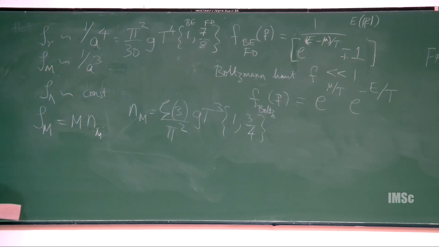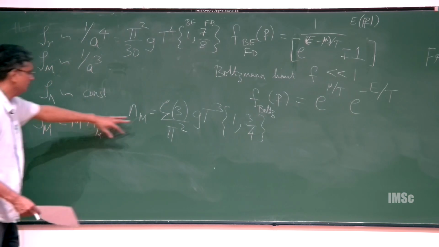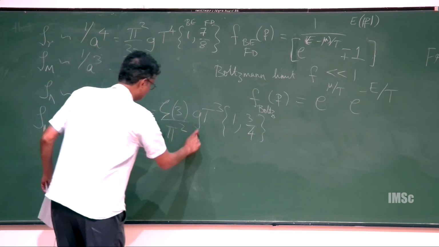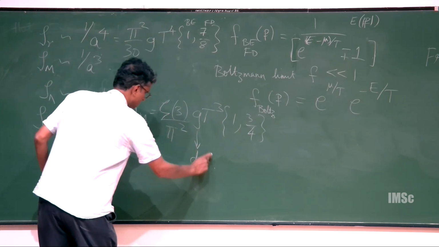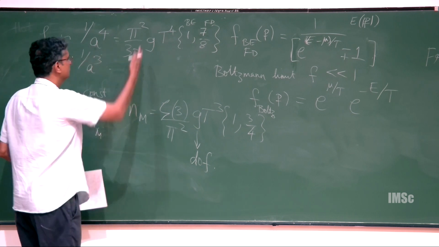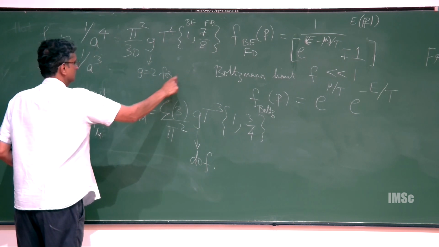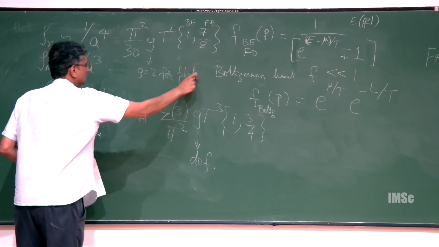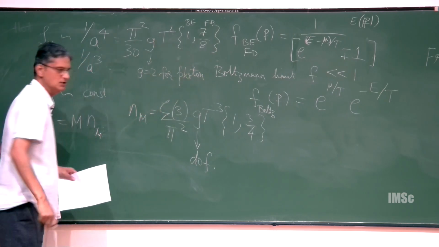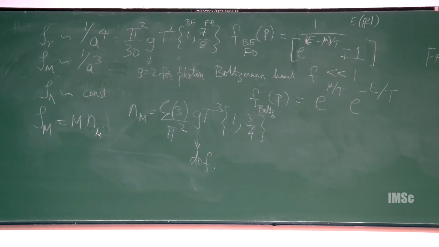So the number density goes like T cubed, and this g is the number of degrees of freedom. So for a photon, for the two polarizations you have g equal to 2.